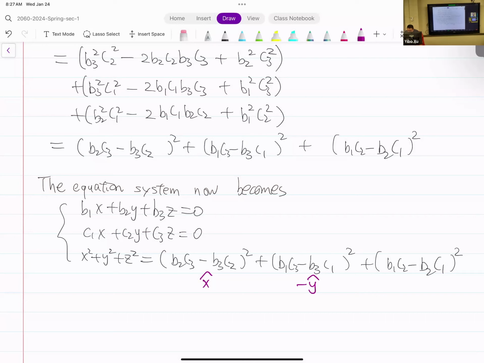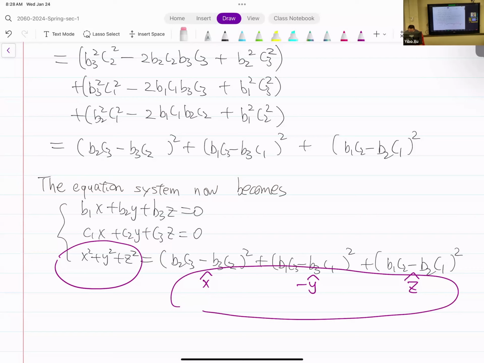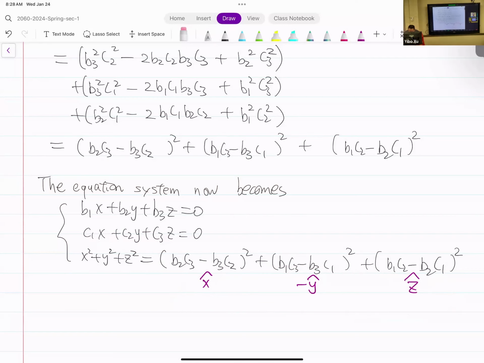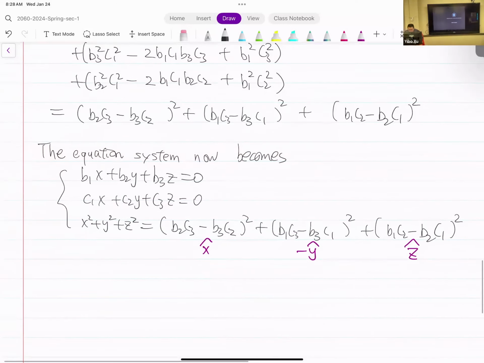It's B3C1 minus B1C3. The order of the index is a little bit different. It's opposite. And this is z hat. Okay. So now we have the unknowns on the left hand side squared and added up equals the known values, taking the sum of squares, right?